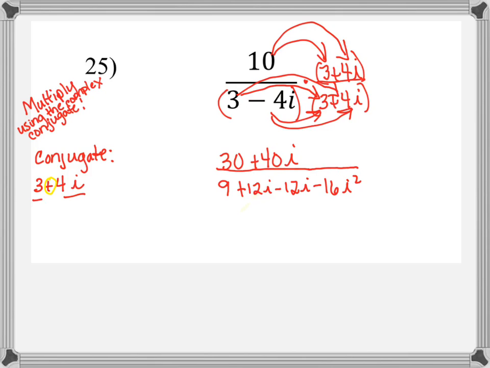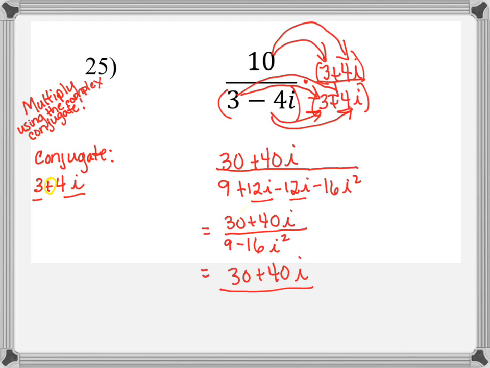So we're going to simplify the denominator. We can combine like terms. The numerator will stay the same, 30 plus 40i over 9 minus 16i squared, because the 12i minus 12i cancel out. Okay, but remember, we need to replace our i squared with negative 1.